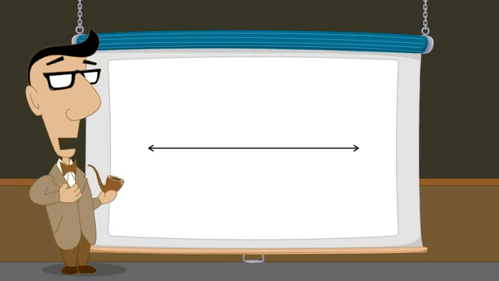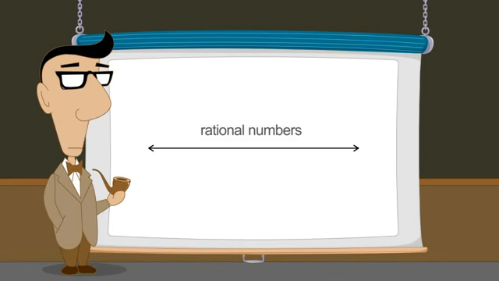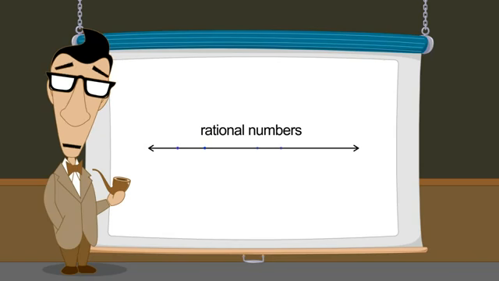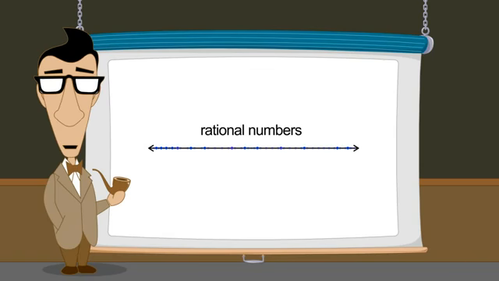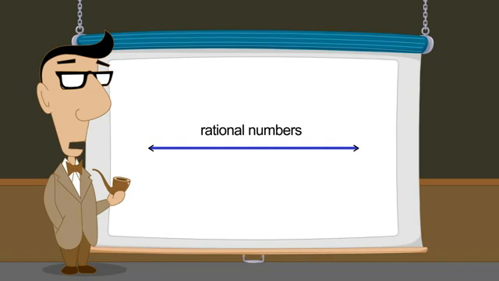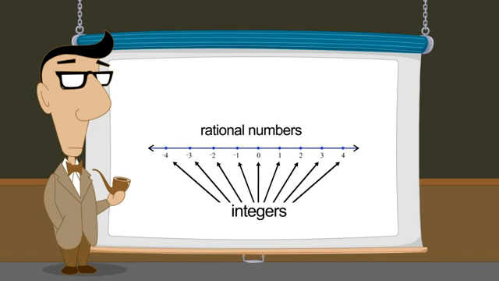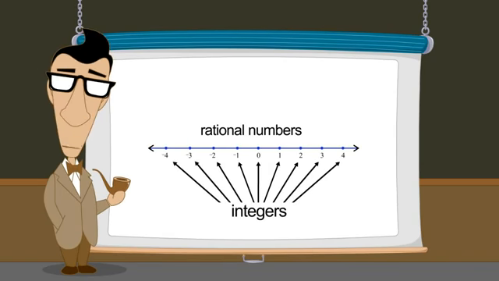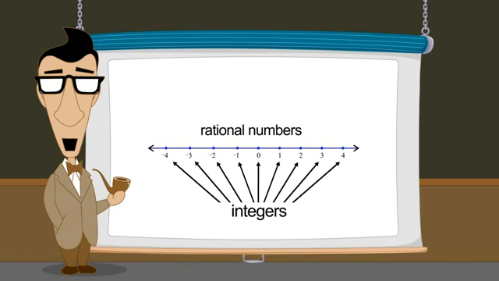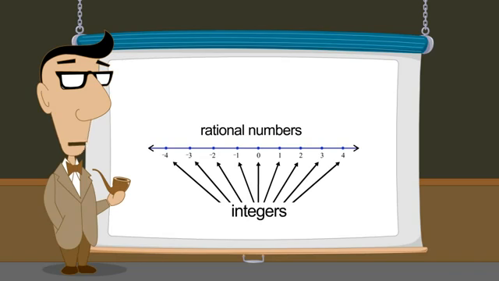We have seen that there are an infinite number of rational numbers, and when represented on the number line, the points appear to fill the entire line. We have also seen that the rational numbers include all the integers. So if we pick some random location on the number line, what are the chances that this location will correspond to an integer as opposed to some other number?